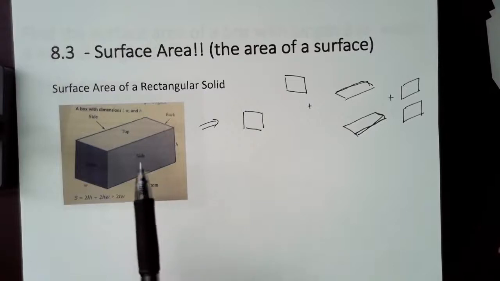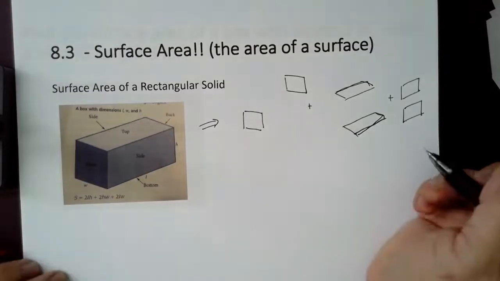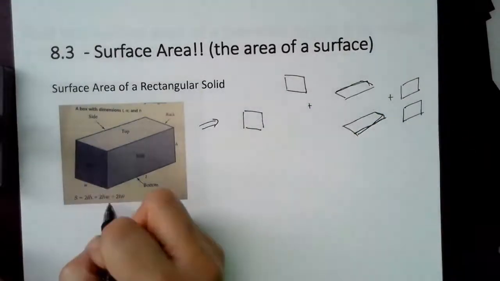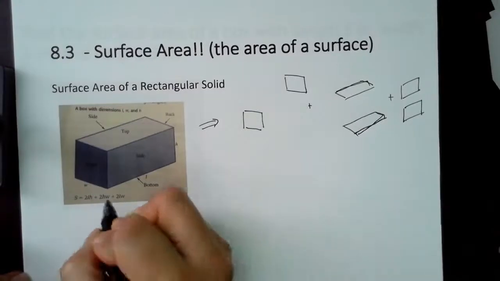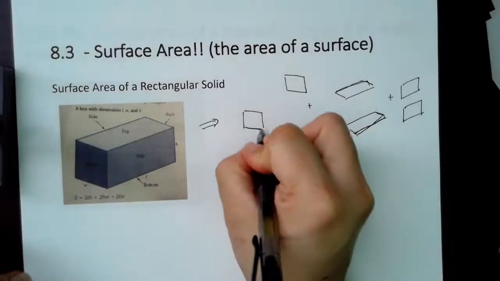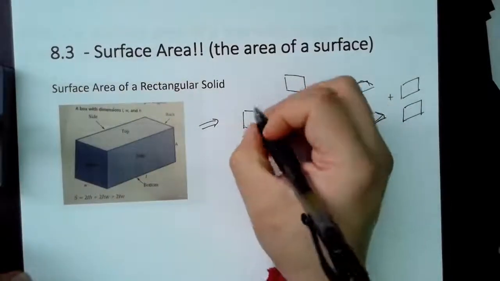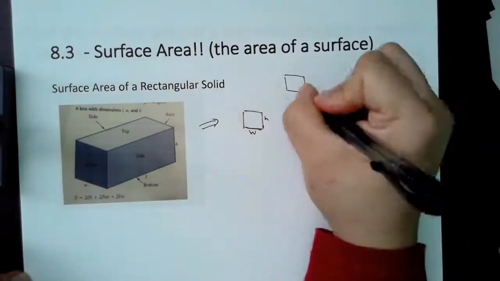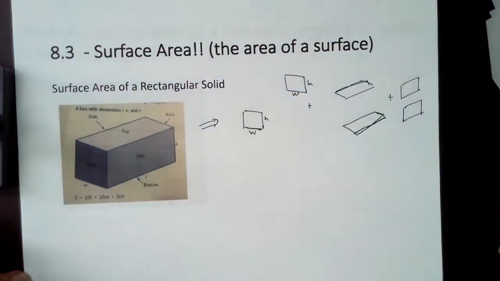So let's say this solid is three-dimensional, so you have a width, a length, and a height. For the front and the back, they have the same dimensions because they're basically the same thing on opposite sides.